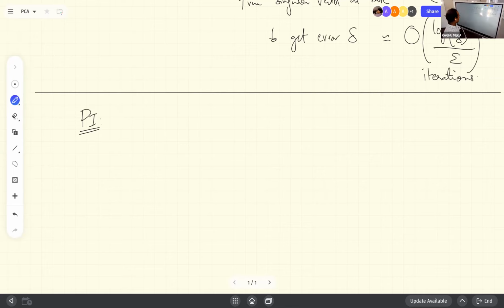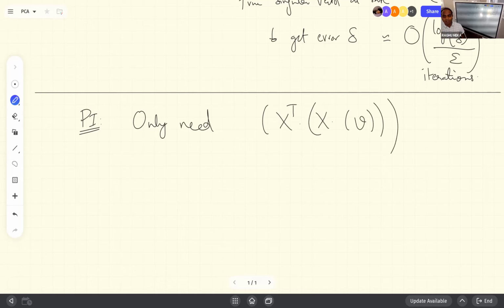Any guesses? We really only need the ability to compute matrix vector products, right? That's it. Imagine someone didn't give me what X was, but gave me a function call, like an oracle, an implementation which, whenever I give it a vector v, outputs X times v. That's all I have access to. I can still run power iteration.